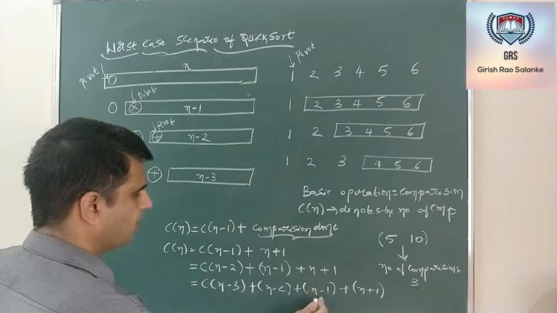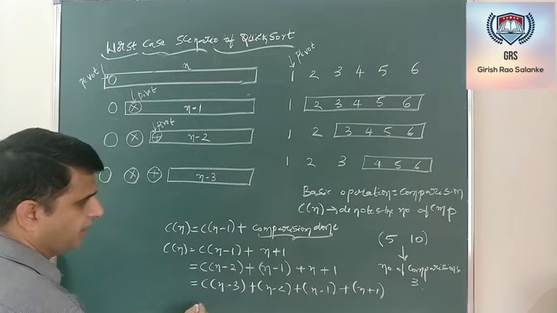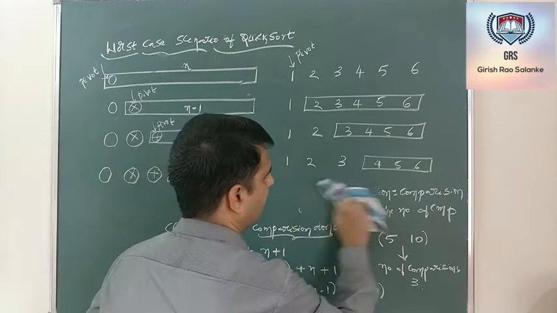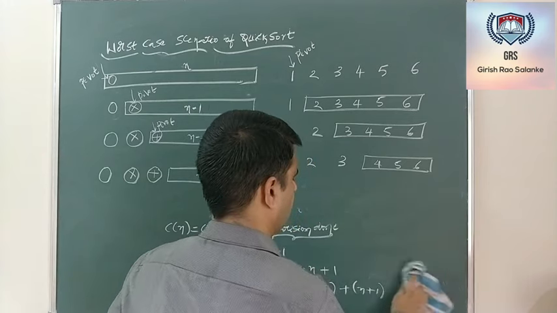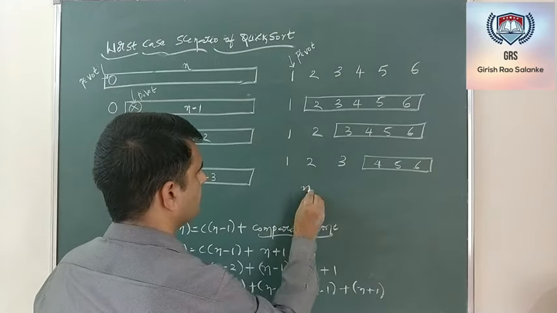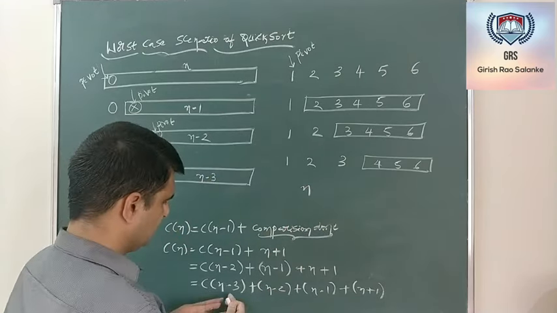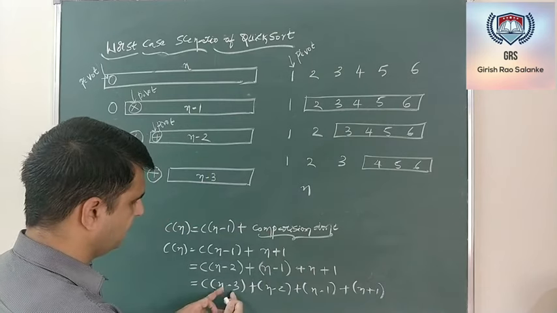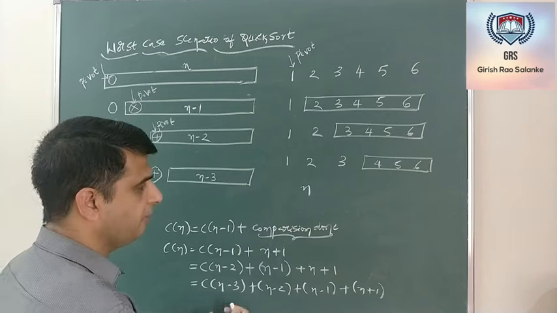N minus 2 plus n minus 1 plus 1 and so on. Now finally I can express this as n... Finally, when I have this as only 2 elements, it will be 3.